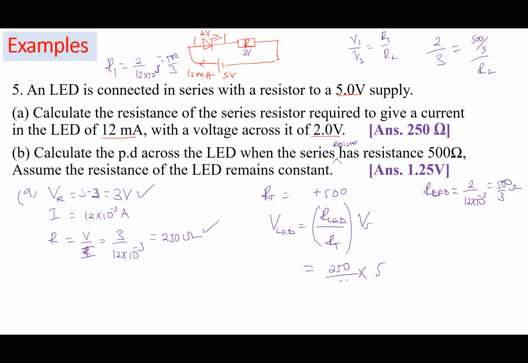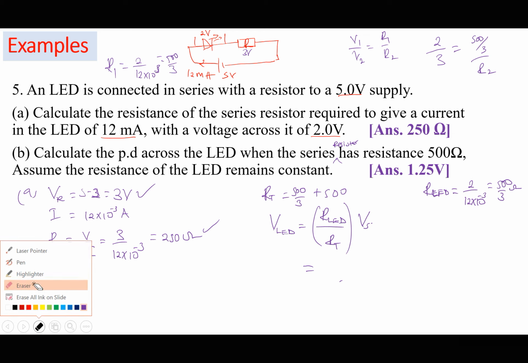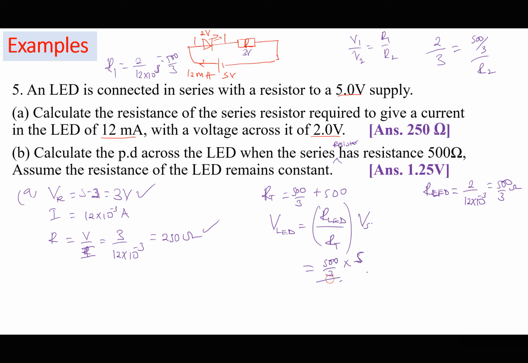So this is going to be 500 over 3 times the voltage supply, which is 5, divided by 500 over 3 plus 500.